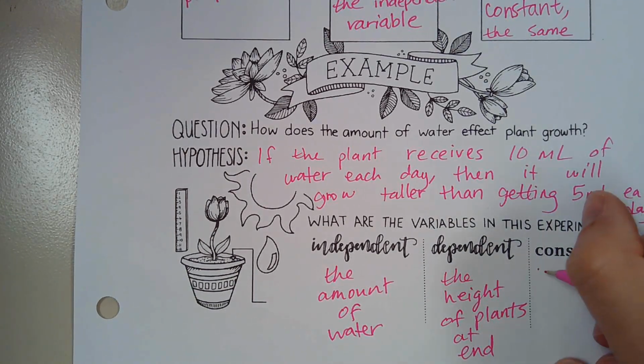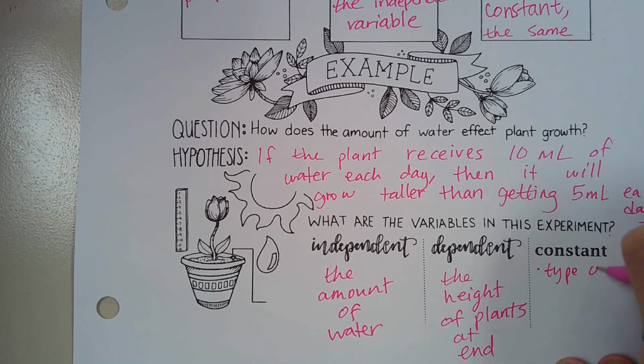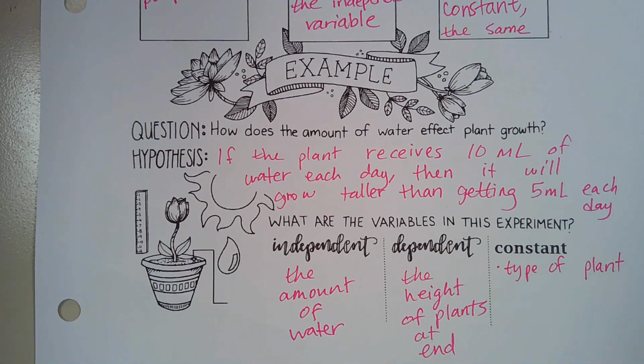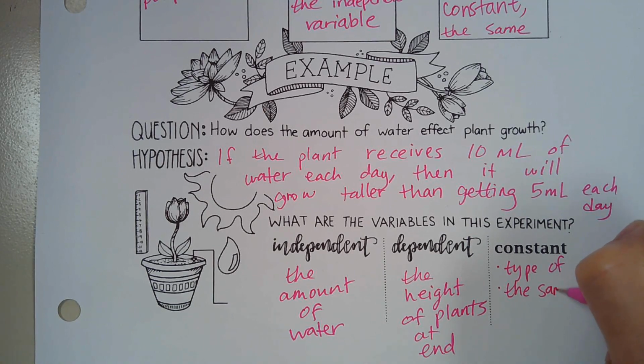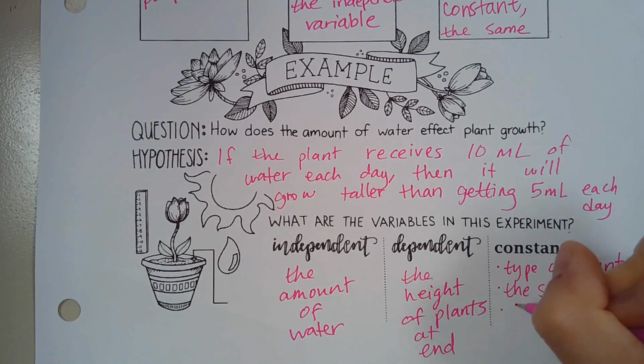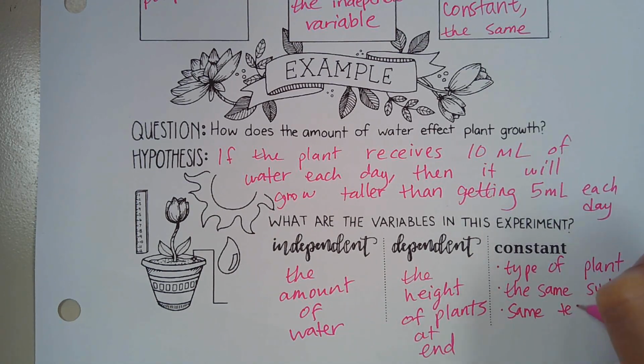Constants, there's many, so maybe it's the type of plant. Right? You need to make sure you're using the same type of plant or your experiment might not work. You need to have the same amount of sunlight, the same temperature, same kind of dirt.